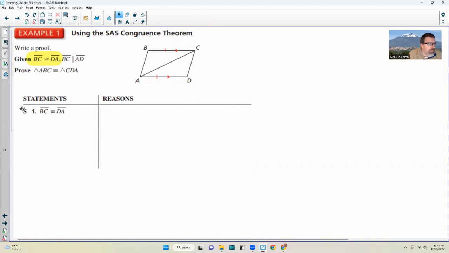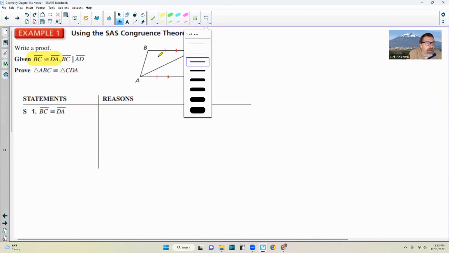And there's this little S over here signifying that one side is congruent to another side. The congruence markers are saying BC is congruent to AD. So whenever you have a given, always label your diagram.